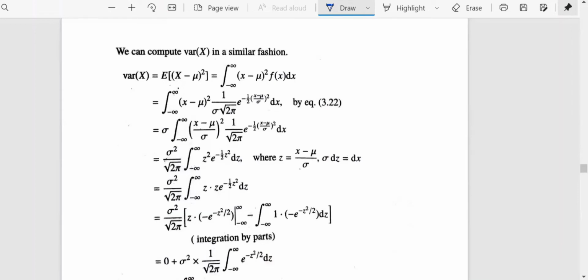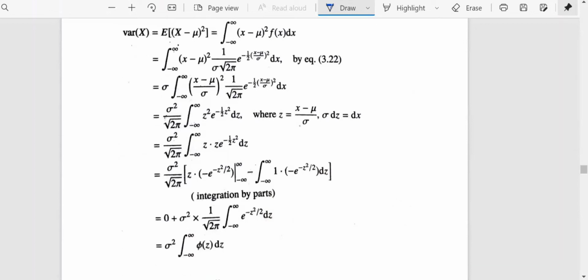Now this first term is equal to 0 because when you apply infinity and minus infinity to z times e raised to minus z square by 2, you will get 0, because e raised to minus infinity is 0.